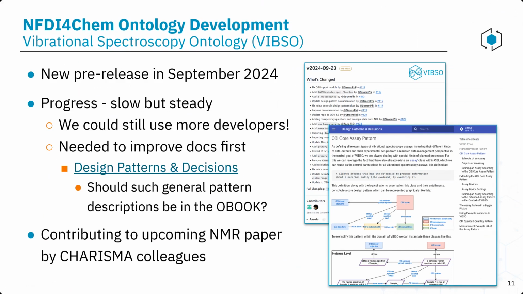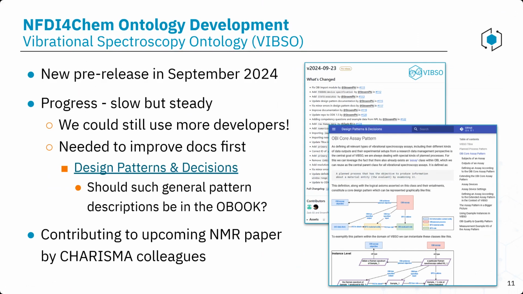I believe that it might be better to also have such documentation in a more central place, maybe something like the OBOOK, because it is not just of interest for our specific use case in the vibrational spectroscopy ontology, but also for other ontologies that deal with assays. And we feel like such patterns could be a little bit more out there.